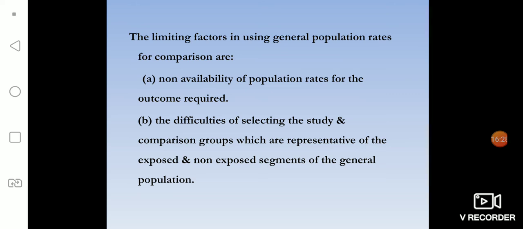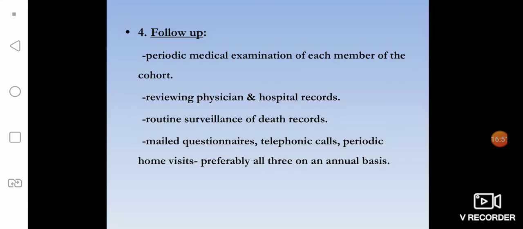So the first one is they might not be available in the required rates for the outcomes to be meaningful. And then there are difficulties of selecting the study and comparison groups representative of the exposed and non-exposed segments. So it might be a little difficult to get those particular people.